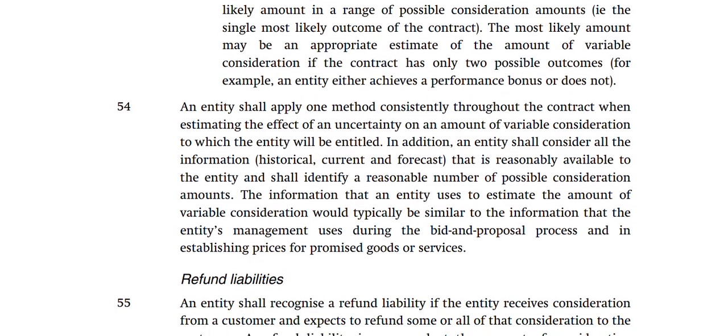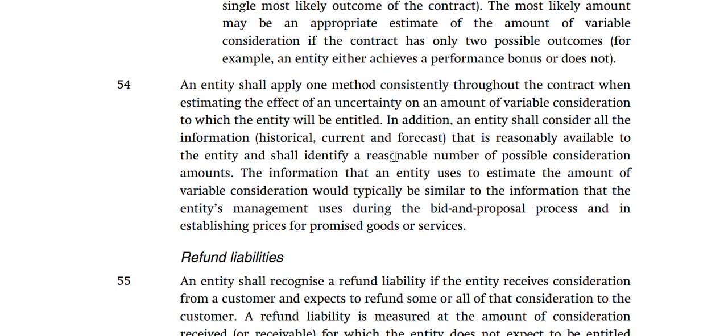What does it say in line with the variable consideration? An entity shall apply one method consistently throughout the contract when estimating the effects of any uncertainty on an amount of variable consideration to which the entity will be entitled. In addition, an entity shall consider all the information, historical, current, and forecast, that is reasonably available to the entity and shall identify a reasonable number of possible consideration amounts.